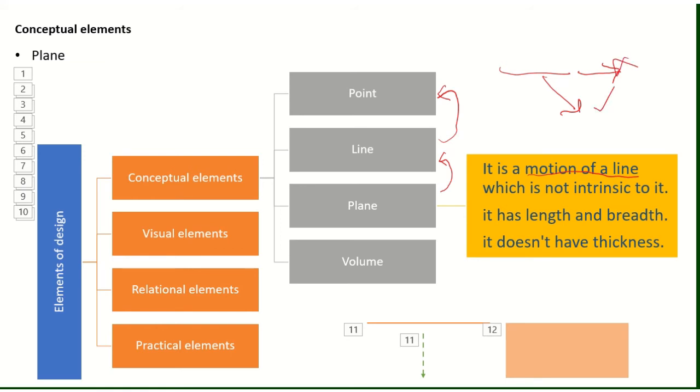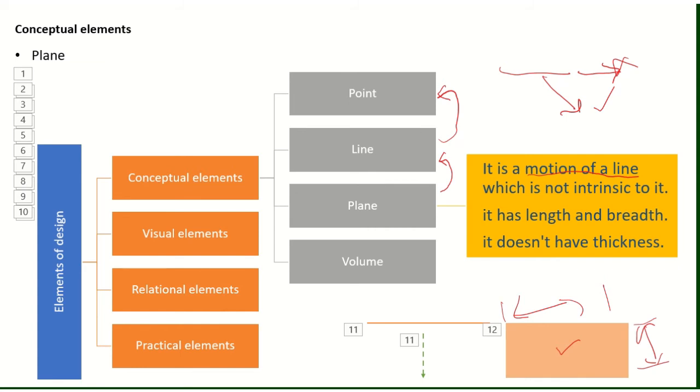Here a line is there, between 11 and 12, and it is moving in the downward direction. The motion of this line represents a plane, which has length, of course this is the length, as well as breadth. Generally this plane doesn't have thickness.